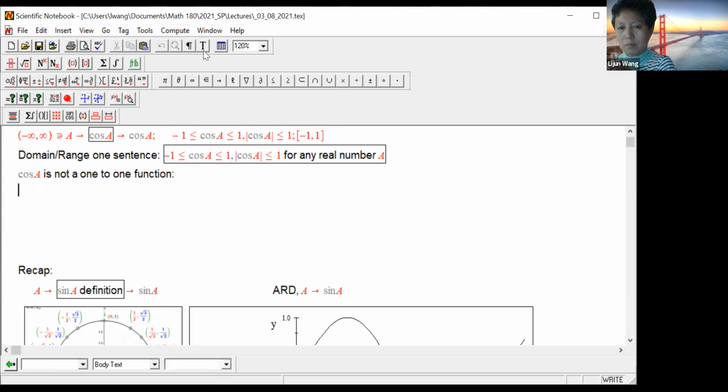Quoting the definition, cosine A is not one-to-one because whenever x1 does not equal x2, f of x1 equals f of x2. That is not a true statement.